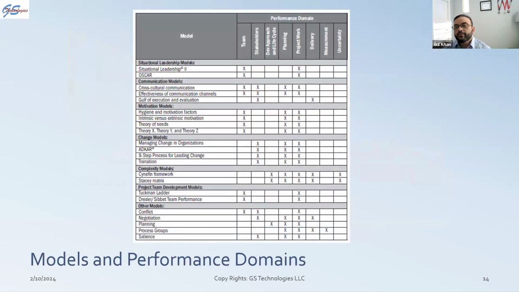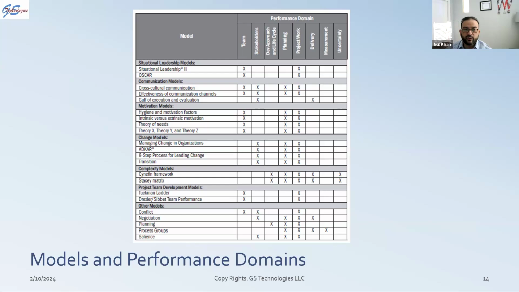So here are the performance domains we looked at earlier, and these are the different models we studied today. We just went through them, and this is one of the charts that is available in the PMBOK book as well.